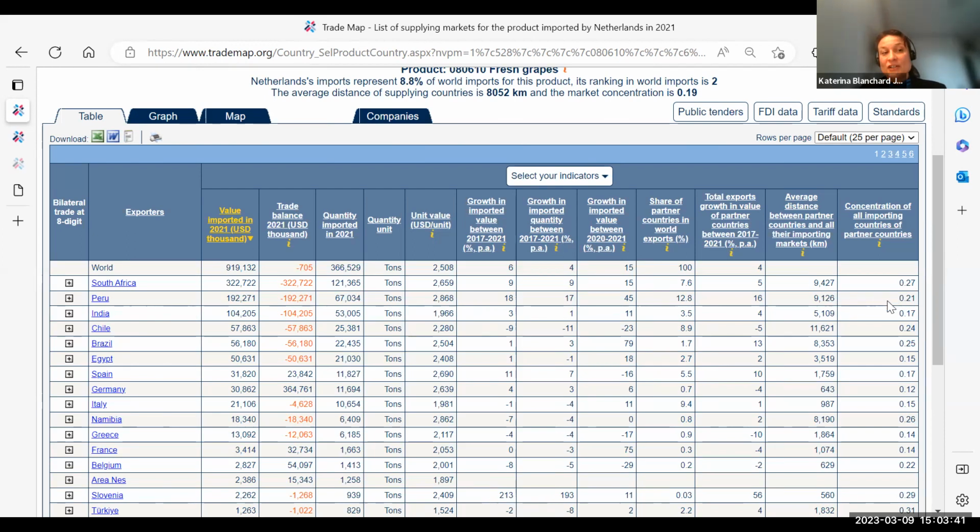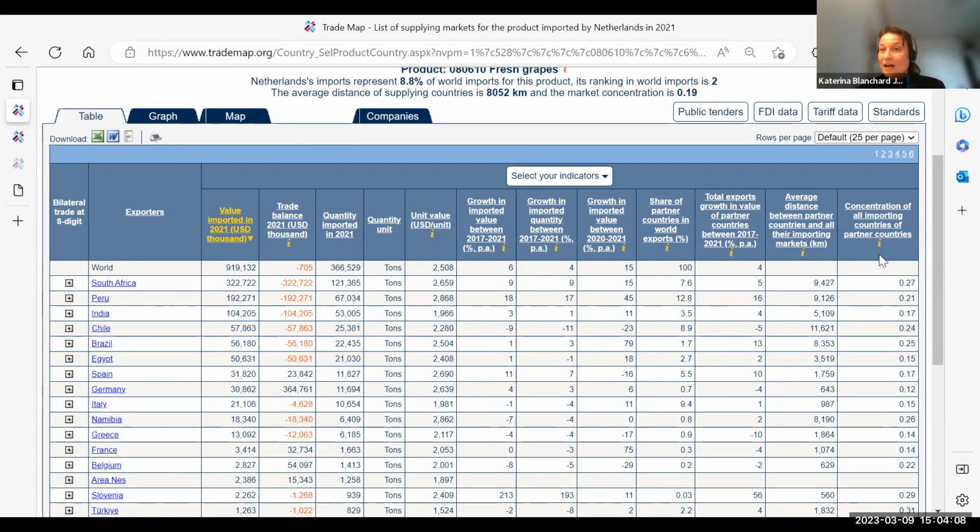So does Peru export grapes to many countries, or rather to a smaller number of markets but in larger quantities? Is the export of Peruvian grapes concentrated or not? Here we see that it is quite concentrated because the value is above 0.18.